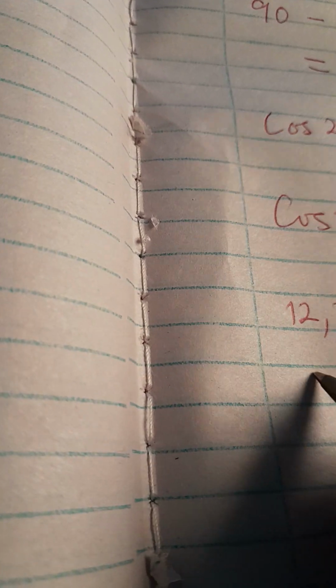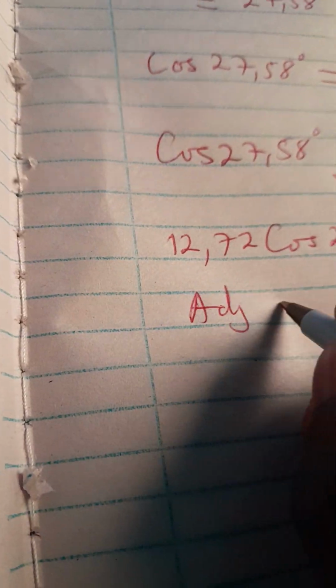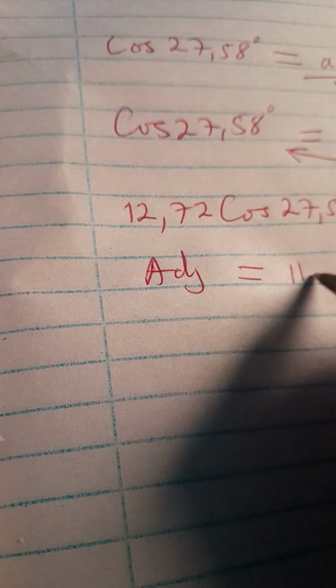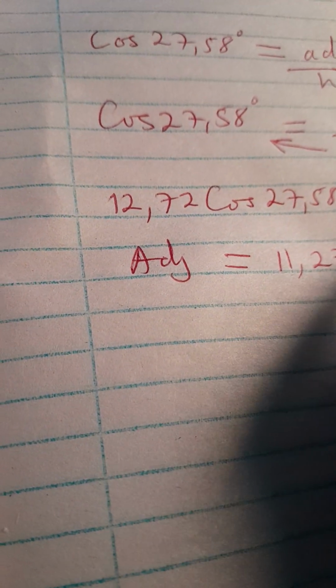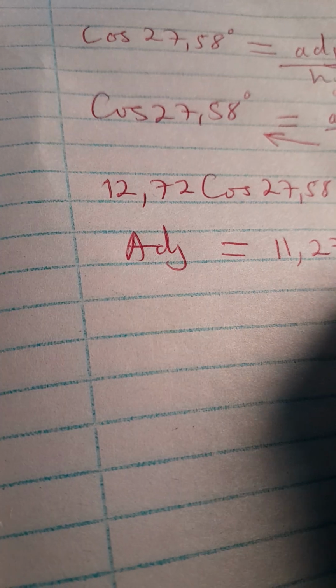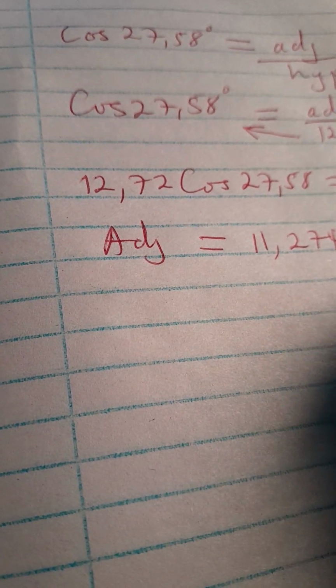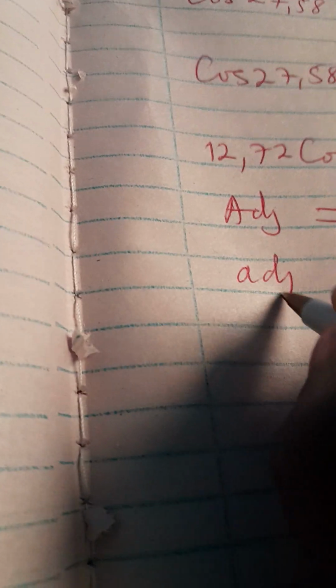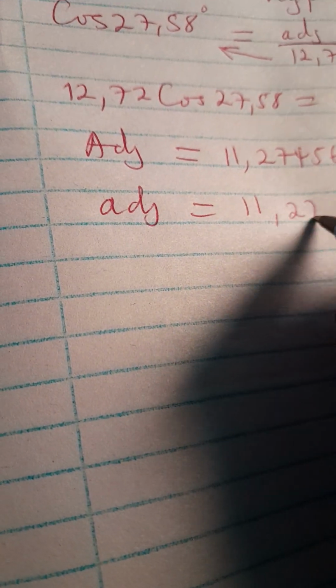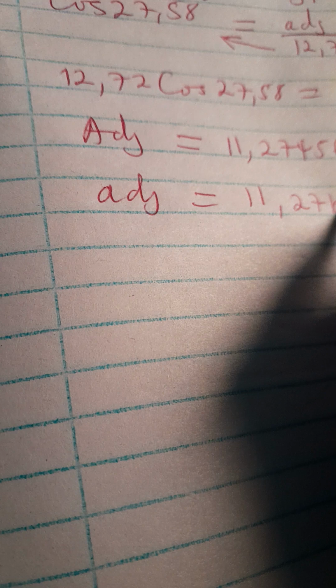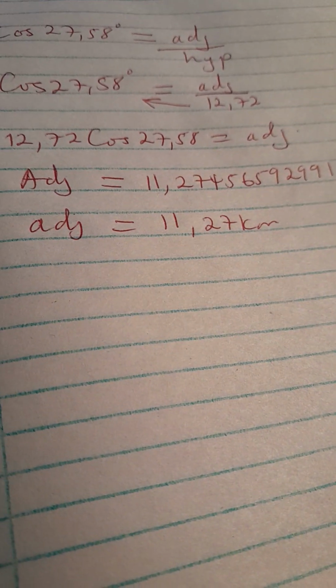Right. So adjacent is equivalent to 11.274, right, like this. So the adjacent is equivalent to 11.27, right, kilometers. Fine.